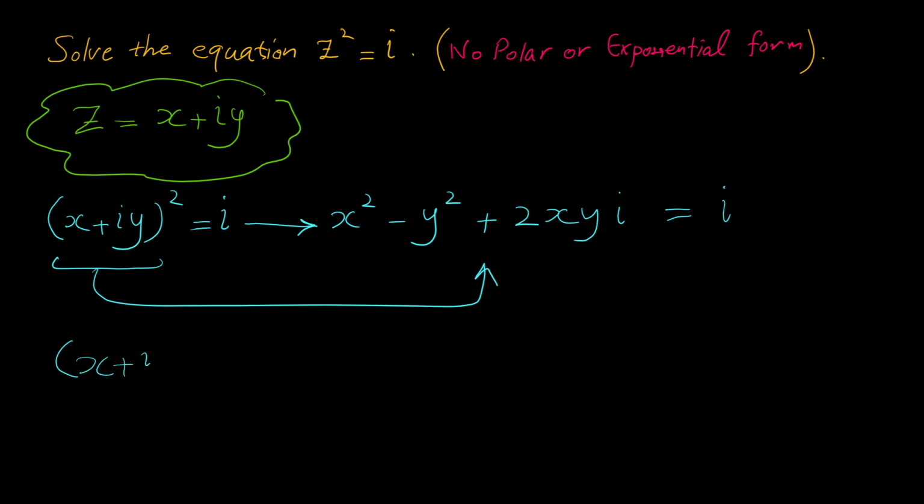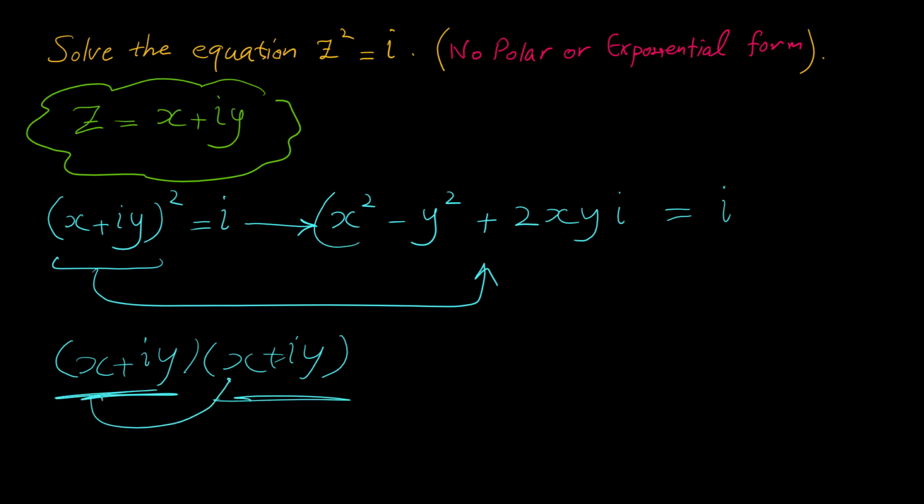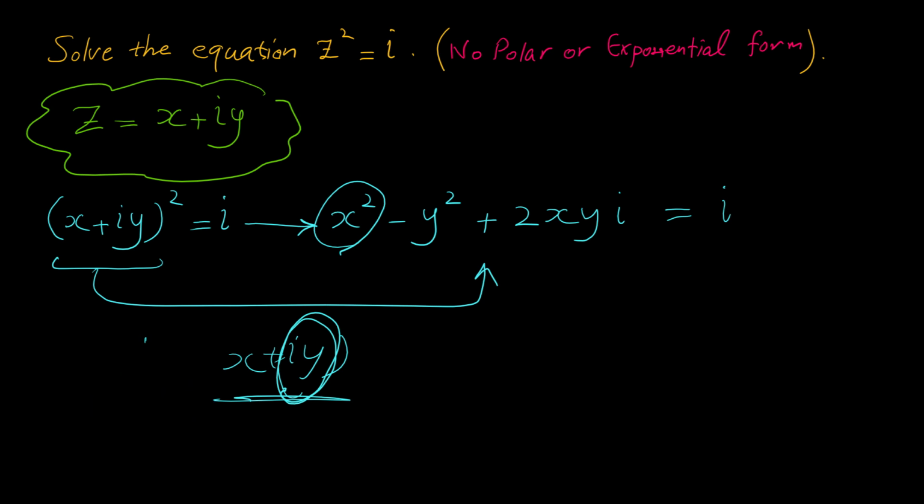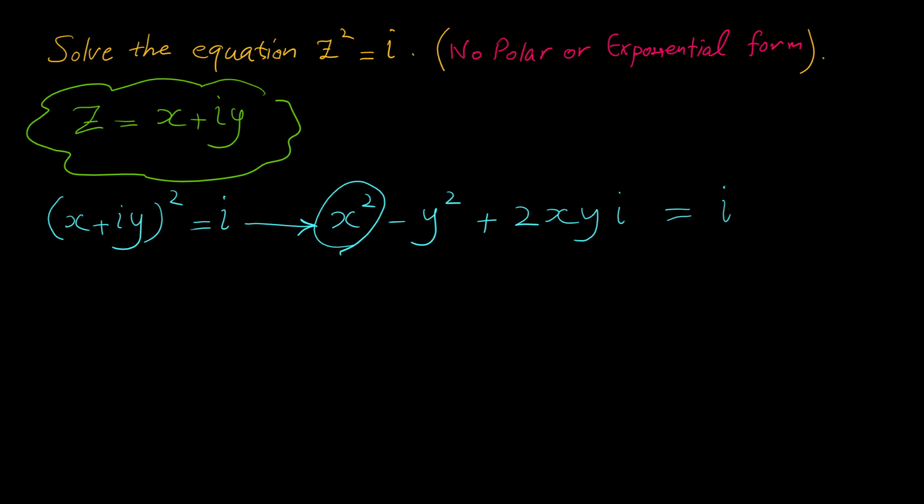Simply multiply x plus iy by x plus iy, or use an identity. Then simply by multiplying this by this, x times x would give you x squared. iy times iy would be i squared y squared, and i squared is -1. So i squared y squared would be -y squared, and so on. Simply multiply the bracket by itself.